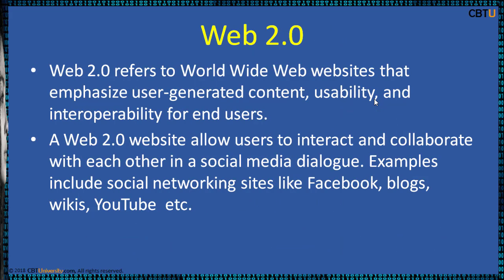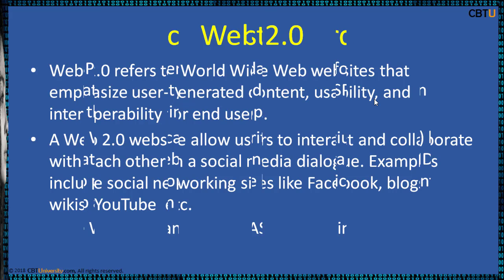Web 2.0 refers to World Wide Web websites that emphasize user-generated content, usability, and interoperability for end users. A Web 2.0 website allows users to interact and collaborate with each other in a social media dialogue. Examples include social networking sites like Facebook, blogs, wikis, YouTube, etc.